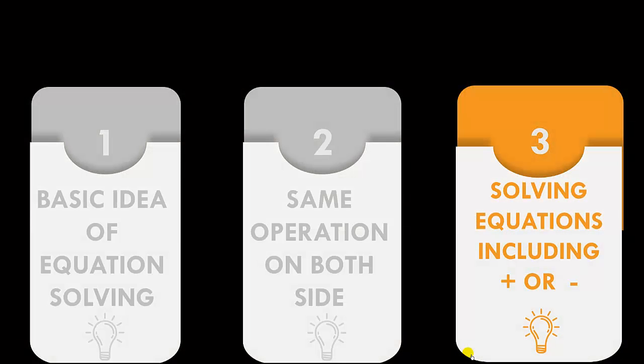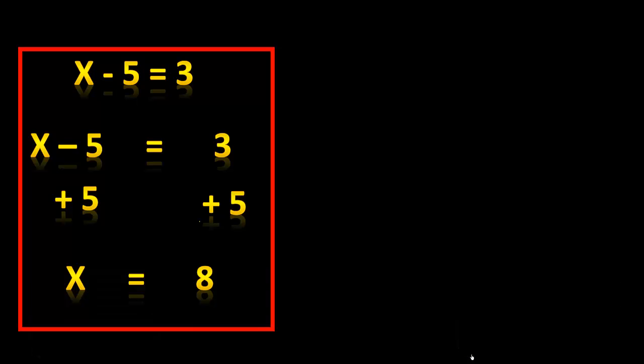Now let's summarize how to solve equations including addition or subtraction. We have an equation over here of x minus 5 is equals to 3. Now, as we know, we're gonna have to make x all by itself on one side. So how would we do that?